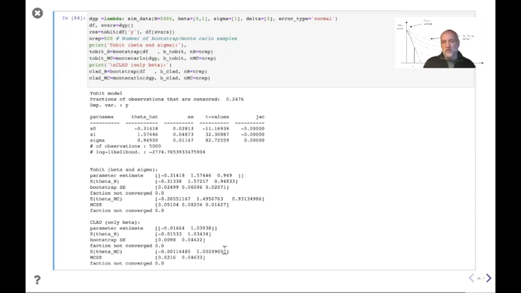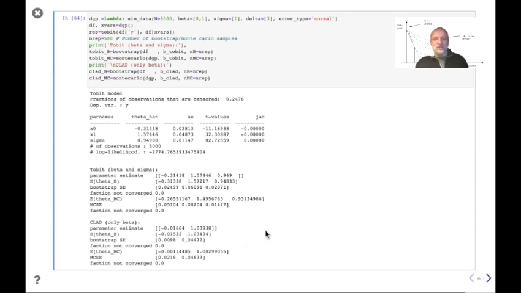The CLAD estimator is really nailing it. Both when we're looking at the Monte Carlo, and the parameter estimates are pretty close, and the average across the bootstrap samples is also very close. You got not a lot of variation, and the true value is within the confidence interval using these standard errors.